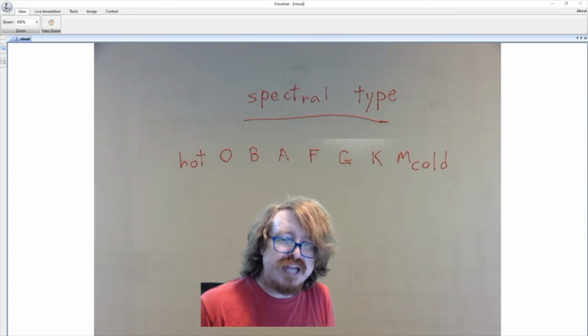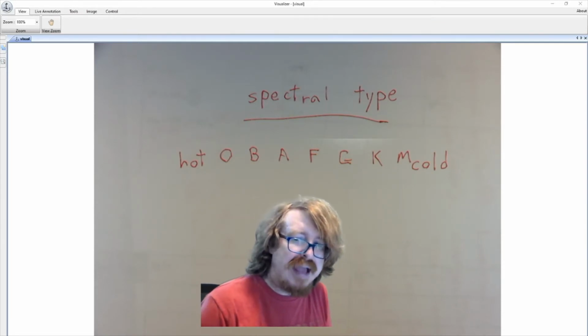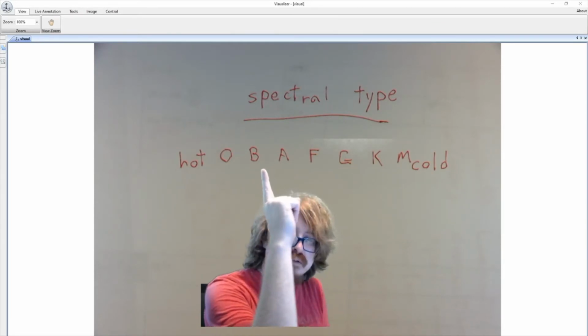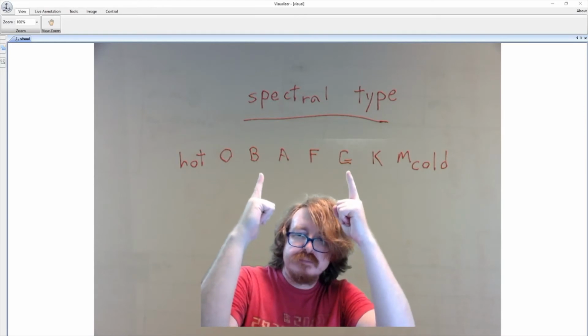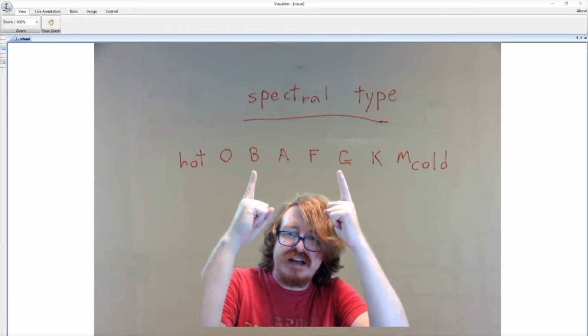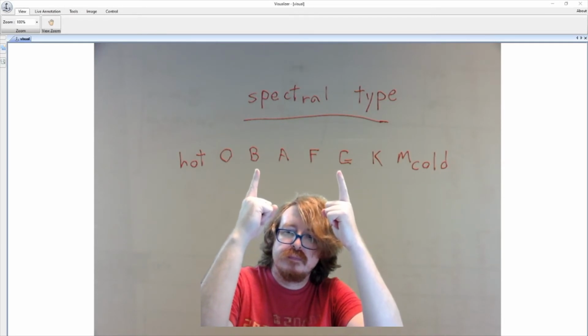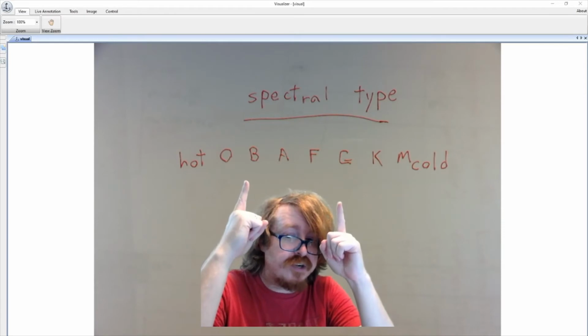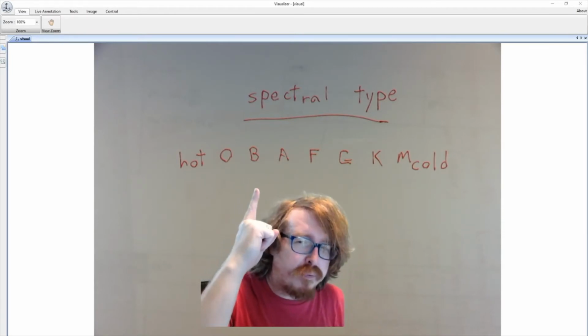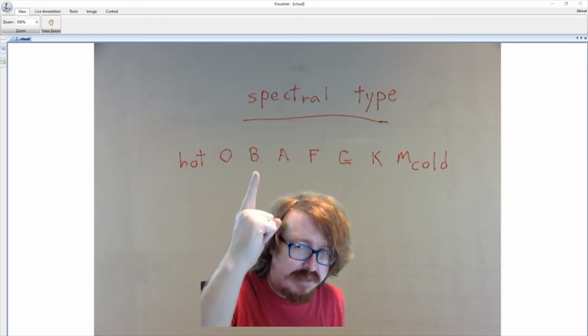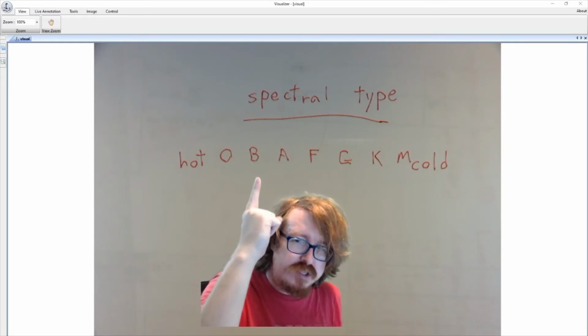Which of these two types has a higher mass, B or G? And keep in mind, all of the properties increase together for main sequence stars.